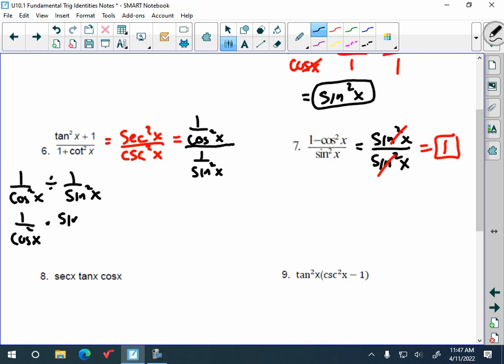Flip the right side fraction. We can multiply across now, so this is sine squared over cosine squared. Now, because both of these are squares, we can use the quotient identity that says that sine over cosine is tangent. So that means that sine squared over cosine squared is tangent squared.